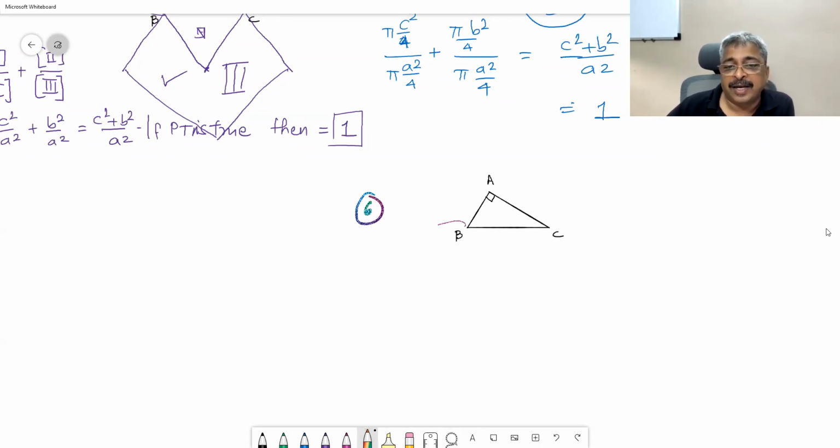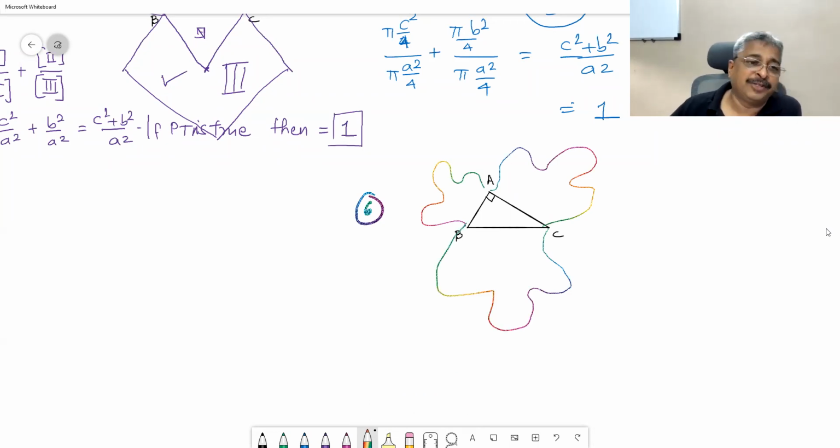I draw an amoeba. And I draw a similar amoeba. And I draw a similar amoeba. We are assuming that all these amoebas are similar. This is 1, this is 2, this is 3.